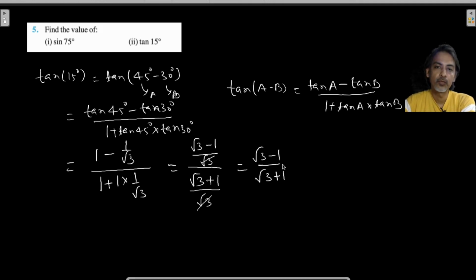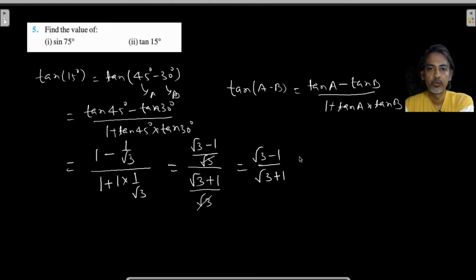You have arrived at some value, but generally when we have some irrational number like this in the denominator, we try to reduce it to a better value. So what we do, we generally multiply it by a quantity which can make it more like a rational number, right?